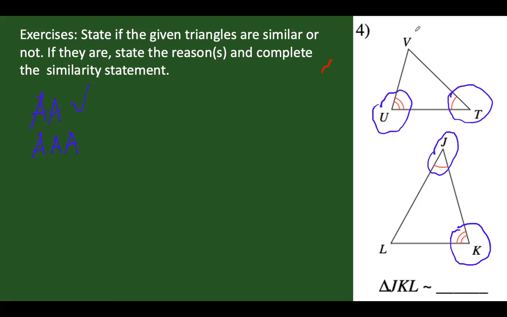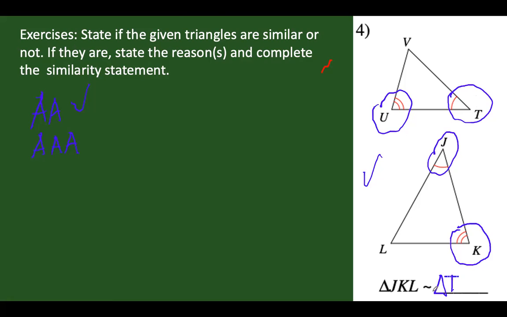By showing that angle L is congruent to the third angle by the angle sum theorem of a triangle. But we can use the AAA directly. This is shorter. So therefore, these two triangles are similar. Let's identify the similarity statement. Triangle JKL is similar to triangle. Angle J corresponds to angle T because they are congruent.